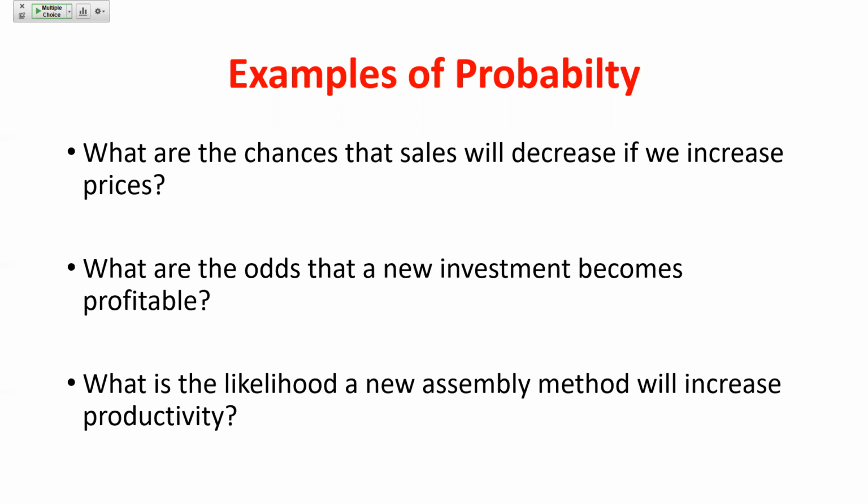When I increase prices, potentially I see sales increase, decrease, or stay the same. I can see different outcomes, but I know that if prices go up, it's more likely I would see sales increase. I know some of the outcomes are more likely to occur than others, but I still don't know what the outcome is going to be.